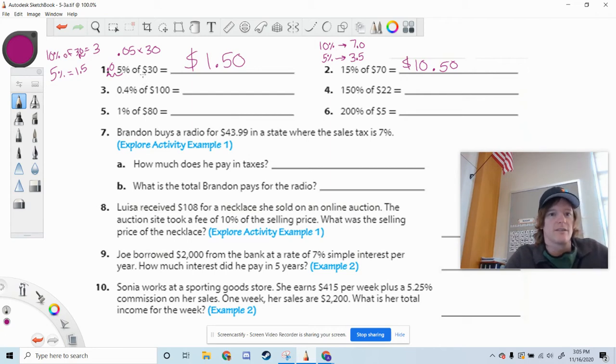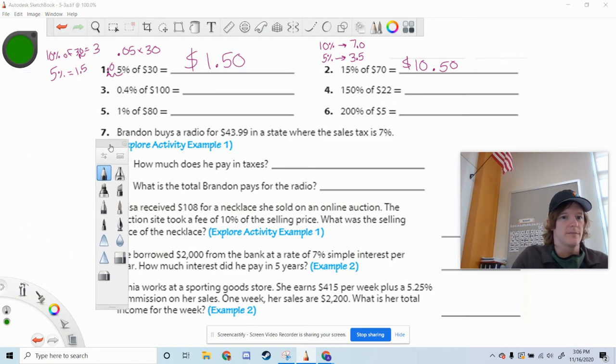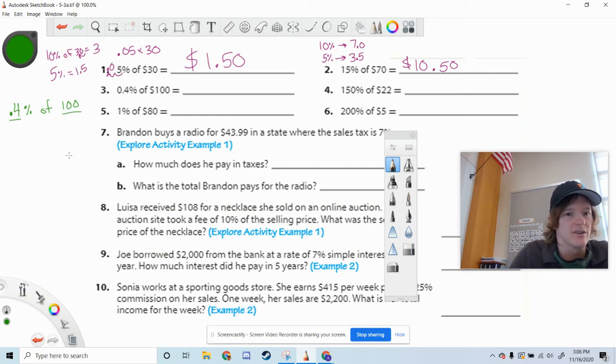For the next one, I want to show you another trick that's pretty neat with percents. Another trick is 0.4% of 100. So if it said 0.4% of 100, one thing we could do is swap this number and this number. And let me show you what that's going to look like.